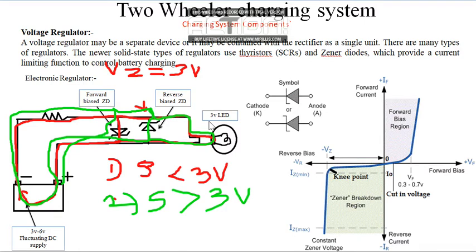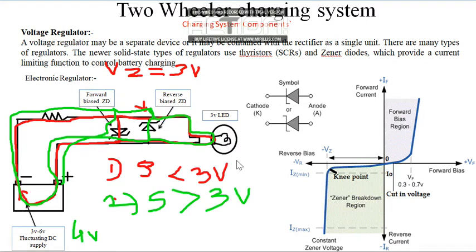If I supply more than 3 volt to the LED, it is supposed to burst, but in this case it won't burst. How is that possible? Even if I have a supply of more than 3 volt, for example 4 volt, why does my LED not burst?